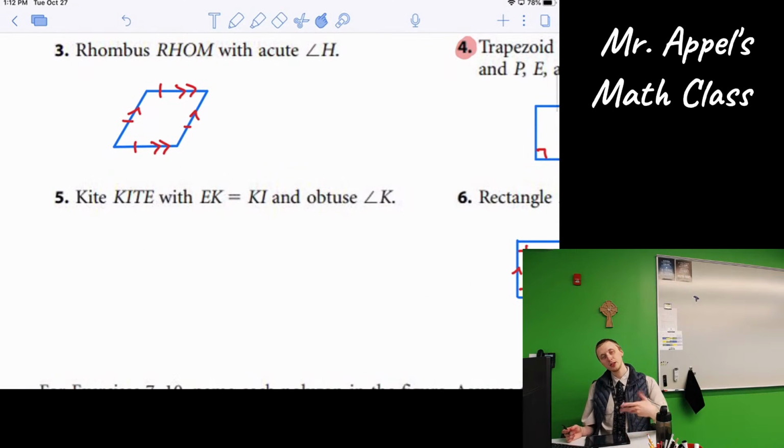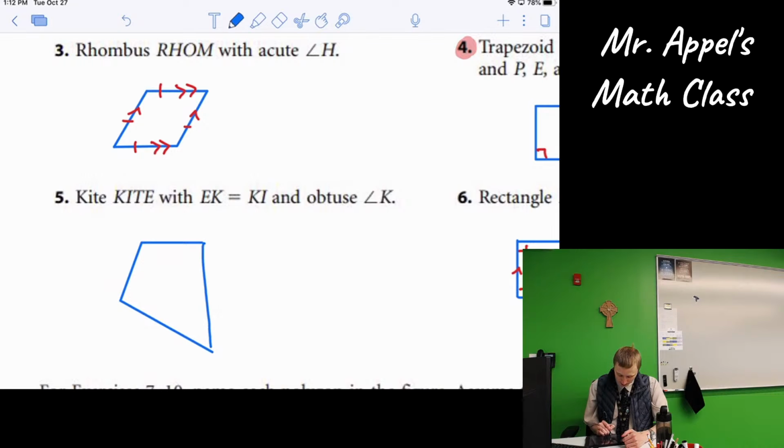And then the other interesting quadrilateral we can make is a kite. And a kite is defined as having two sets of adjacent congruent sides. What do I mean by that?